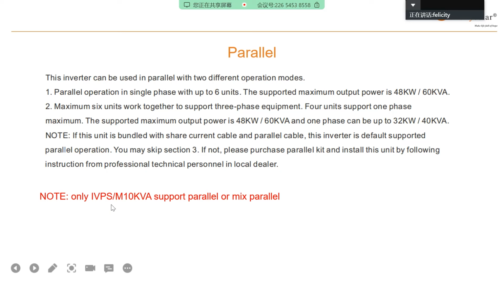But IVPS and IVPM 10 kVA can be mixed in parallel. If you have two pieces of IVPS 10 kVA and two pieces of IVPM 10 kVA, you can mix them in parallel. It's okay.